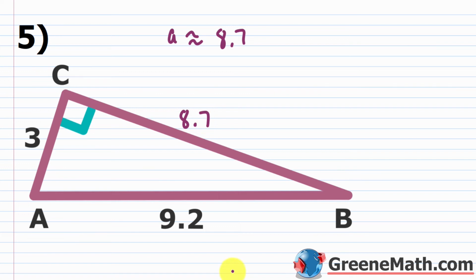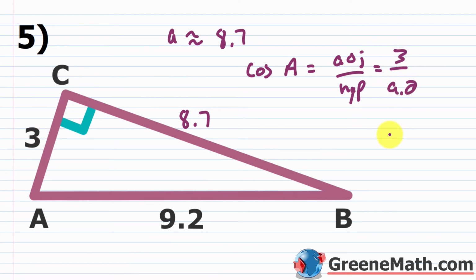So now we need to figure out the measure of this angle A and the measure of this angle B. So thinking about the measure of angle A, well, what do I have? I have my adjacent and I have my hypotenuse. So we'll say that the cosine of A is equal to adjacent over hypotenuse, which in this particular case, the adjacent is 3 and the hypotenuse is 9.2.